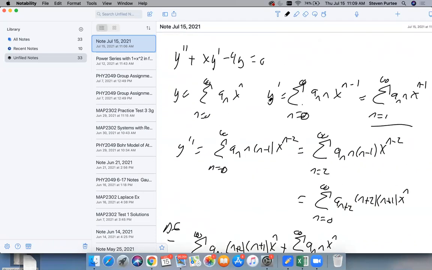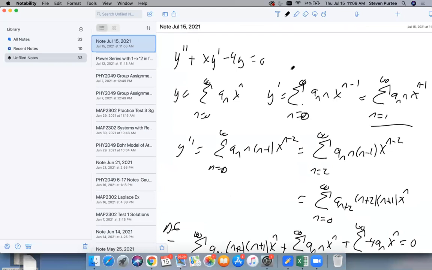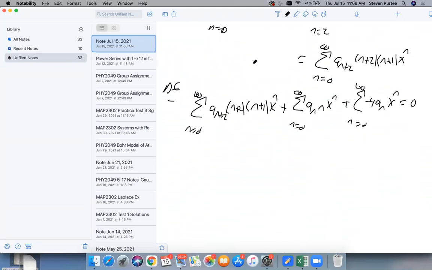And then minus 4 times the original. So I'm going to put that minus 4 inside the sum. There's a negative 4 a_n x to the n. This is supposed to equal 0, because that's what I have over here, equals 0. Then I can squish all these together because all my powers are x to the n, and all my indices start at 0.